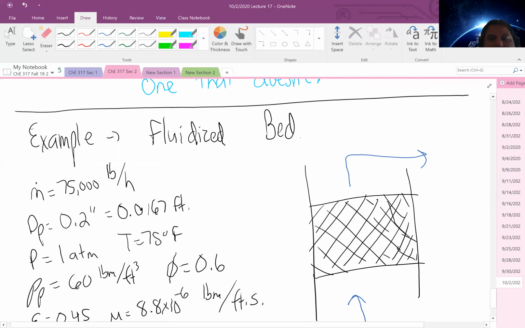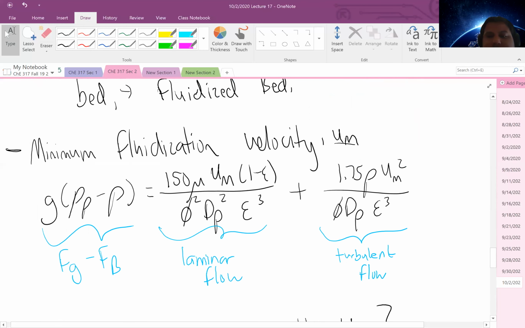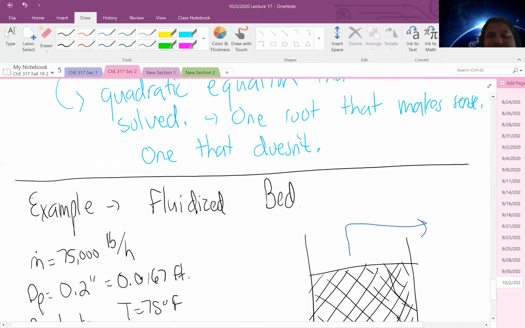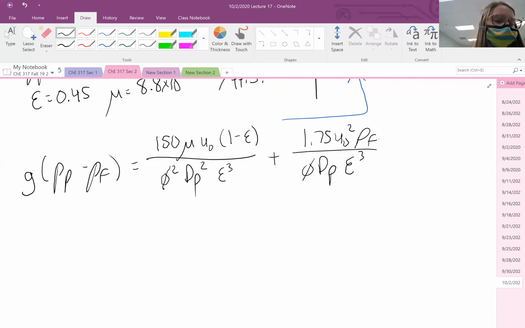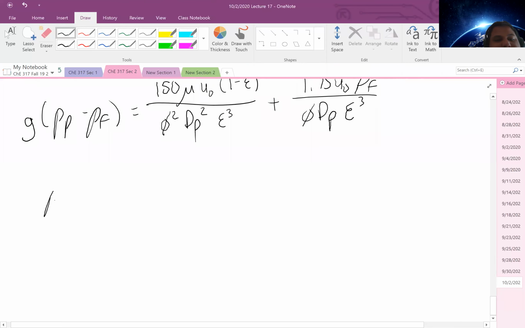Let me take a look. Missing a density. So which values do I have and what values do I need? You're going to need to find velocity. Well, that's true, but do I need any other terms in the system? Your density of your fluid. All right, so I need the density of the fluid, right?